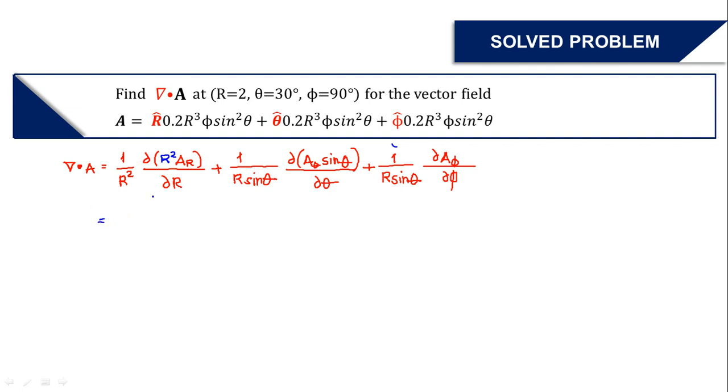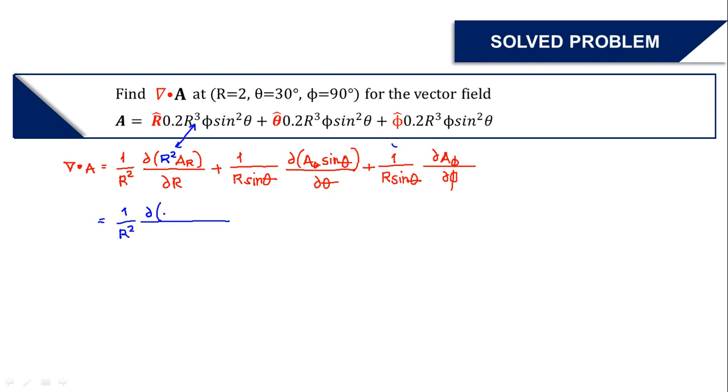We are to find first muna, no? Buuin muna natin yung mga kailangan kuhanan ng partial derivatives para hindi tayo mahirapan. So, 1 over r squared. Dito naman, we are to get the partial derivative ng r squared. So, magiging r to the fifth na yan, no?